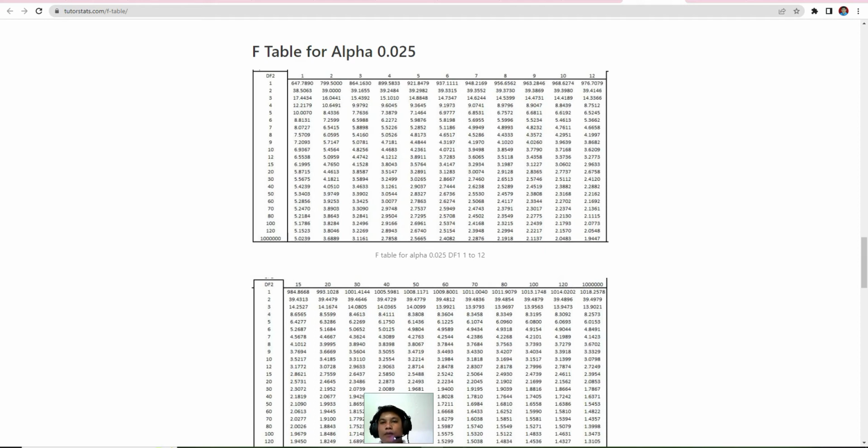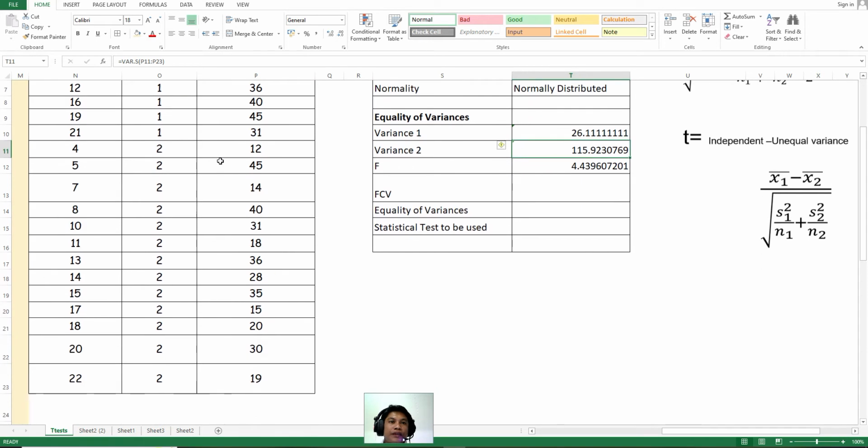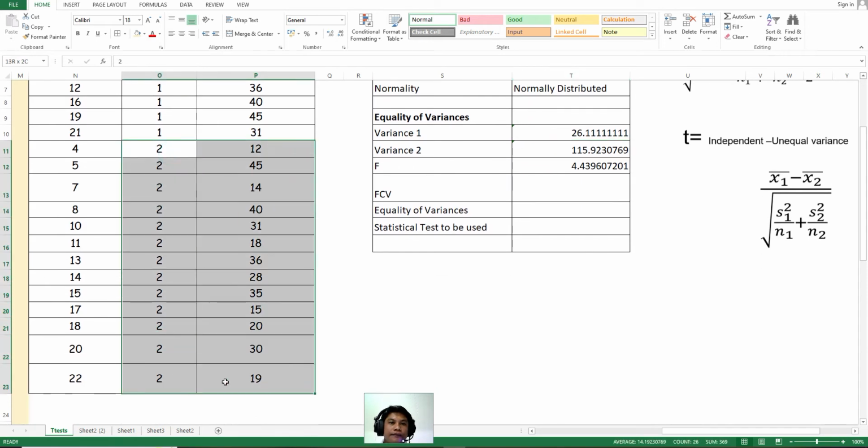Now let's try to go back to our example, which is our numerator and denominator. For the f-test, we divide the bigger variance, which is the numerator, by the smaller variance, which is the denominator. Our bigger variance is variance 2, 115, which refers to group 2 here, or section 2. So our n here is, if you look below, 13. Since the df is n minus 1, 13 minus 1 is 12.